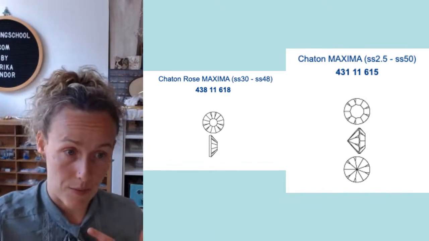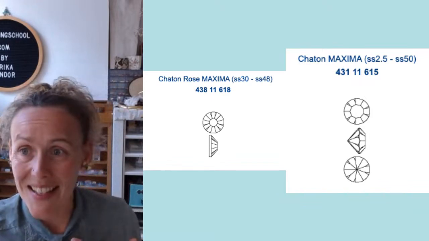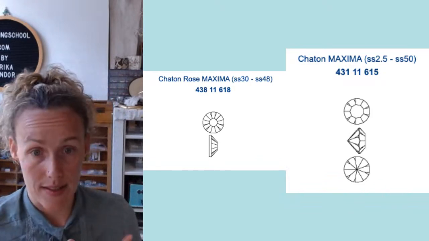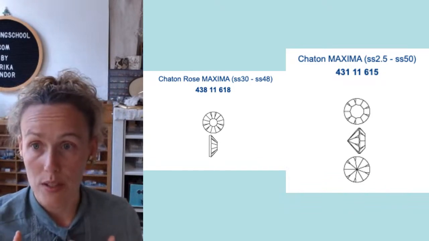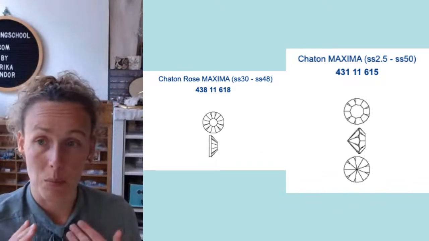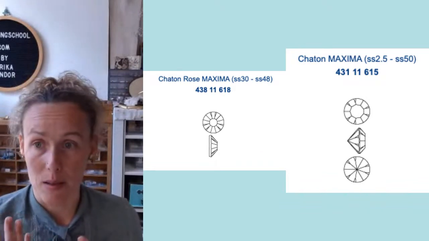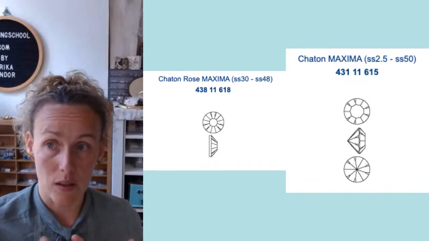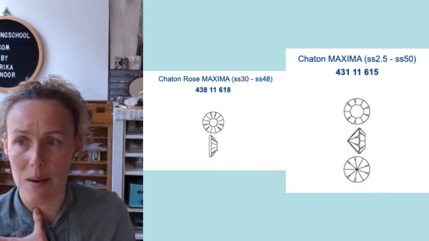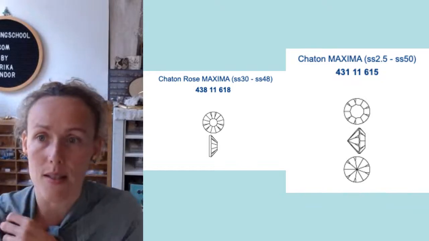The biggest difference, however, is the backside, since as you can see, the chaton roses have a flat bottom, and this makes them suitable for being glued into flat or semi-flat surfaces.